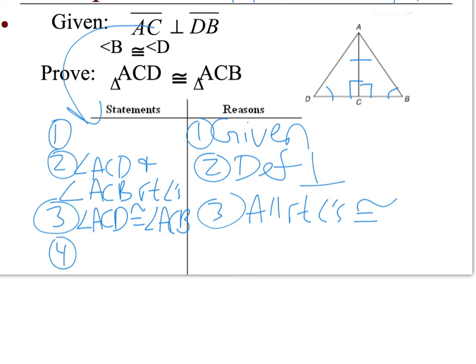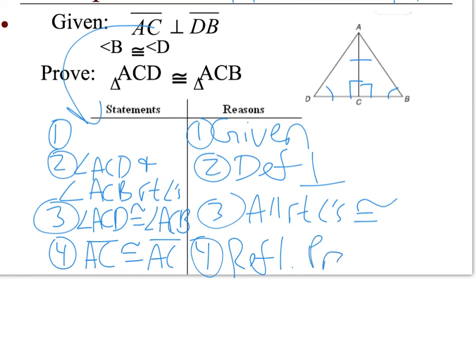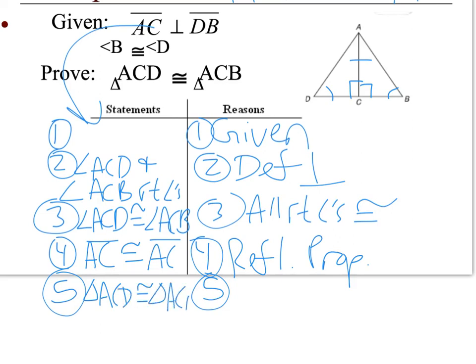I got to get my reflexive property on. AC is congruent to AC, congruent to itself by reflexive property. The reason why I can use that here is that both triangles are using side AC. So if I say it's congruent to itself, it's like I get a free side of congruentnesses for the two triangles. And lastly, my triangle proof, ACD congruent to ACB.